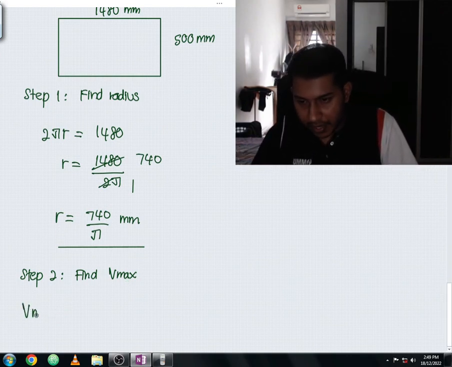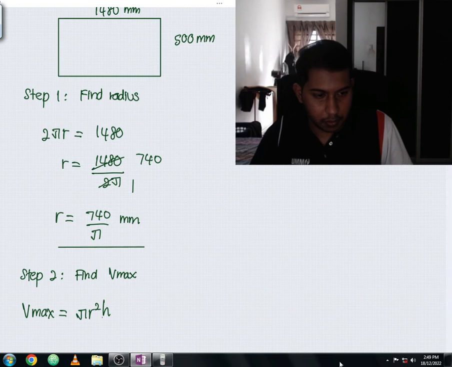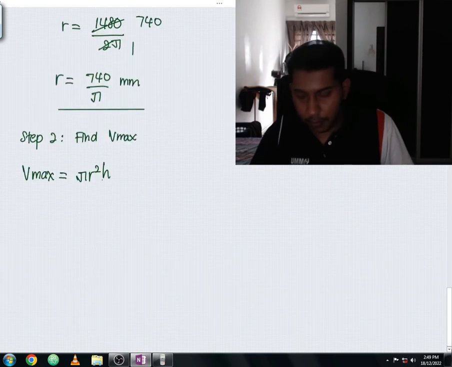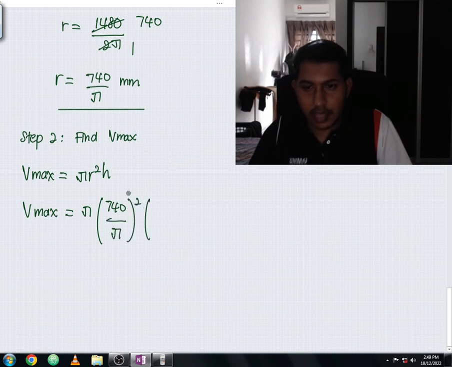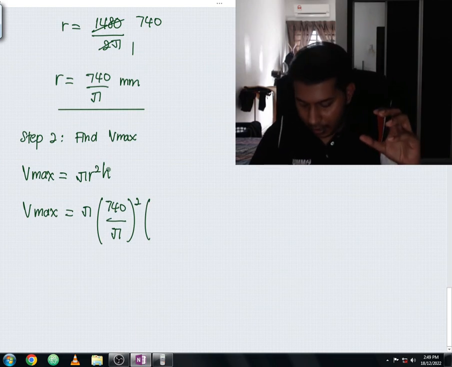So from here Vmax will be equal to pi r square h. Vmax, the maximum volume, is equal to pi times 740 divided by pi, squared. In this case your height is actually 500 millimeter.